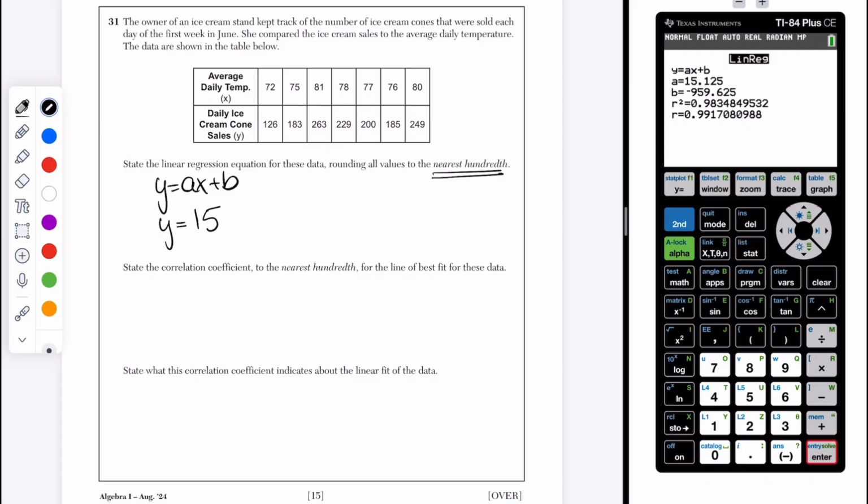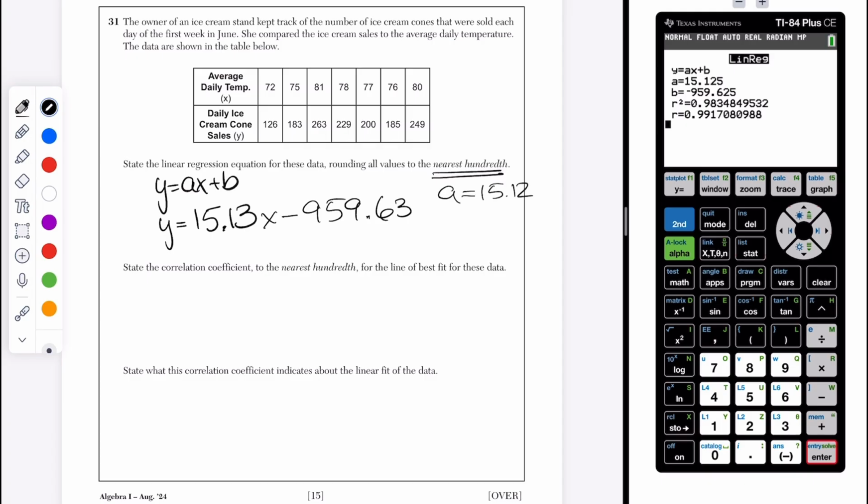So 15.13, I'm going to round it up to 3 because I have a 5 there, x, and then I'm going to put in my b, which is actually a negative number, negative 959.63.